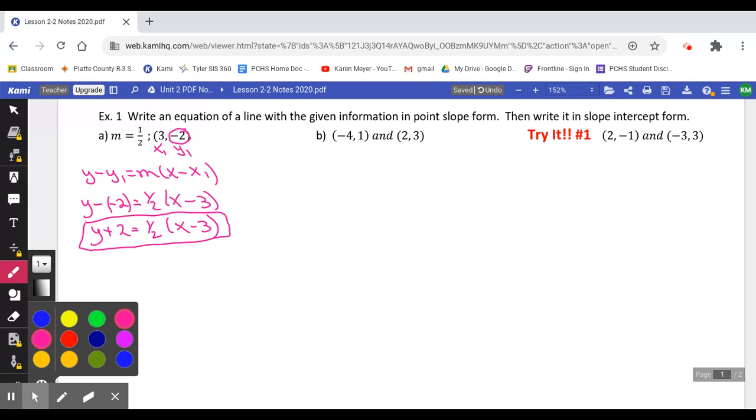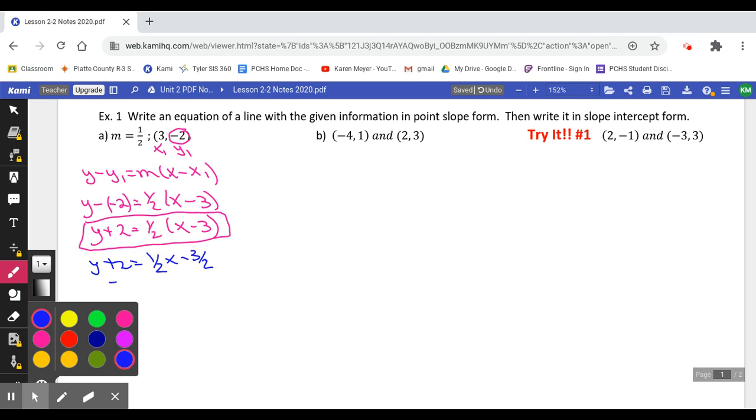Now in the directions, it also says, okay, once you have it in point slope form, then take it and rewrite it into slope intercept form. So to do that, we just have to work on calculating this out. So with parentheses, you should use the distributive property. So 1/2 times x is 1/2 x, and 1/2 times negative 3 is negative 3/2. And then we want to get y by itself.